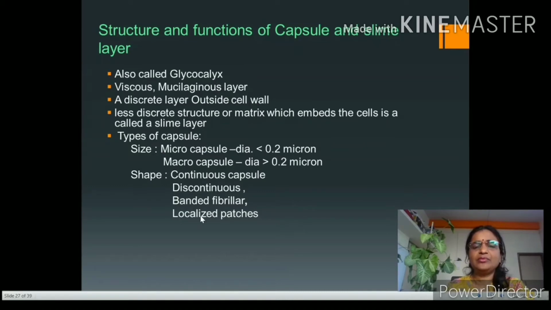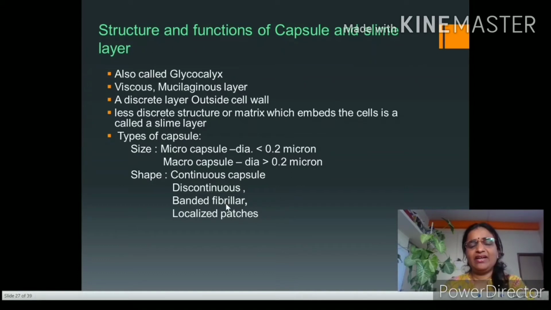When you observe capsules under the electron microscope, they are found to have different shapes. First is the continuous capsule. Capsules having uniform thickness and diameter throughout are called continuous capsules. Second is the discontinuous capsule, which has uneven diameter throughout its length.